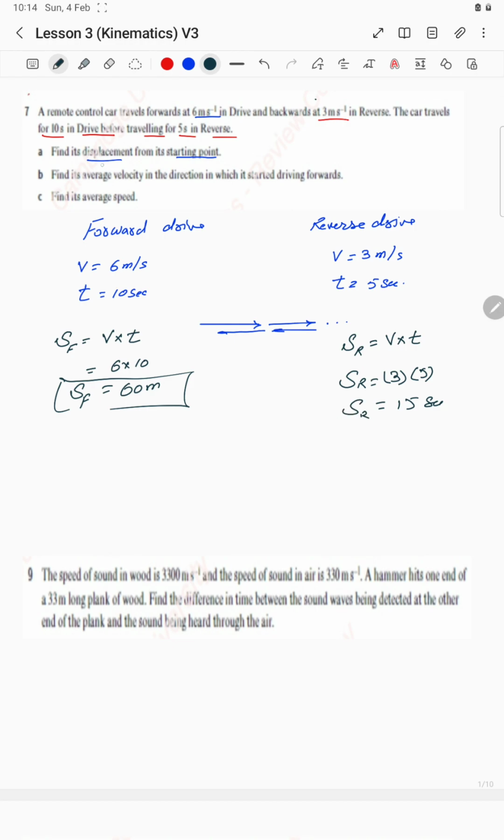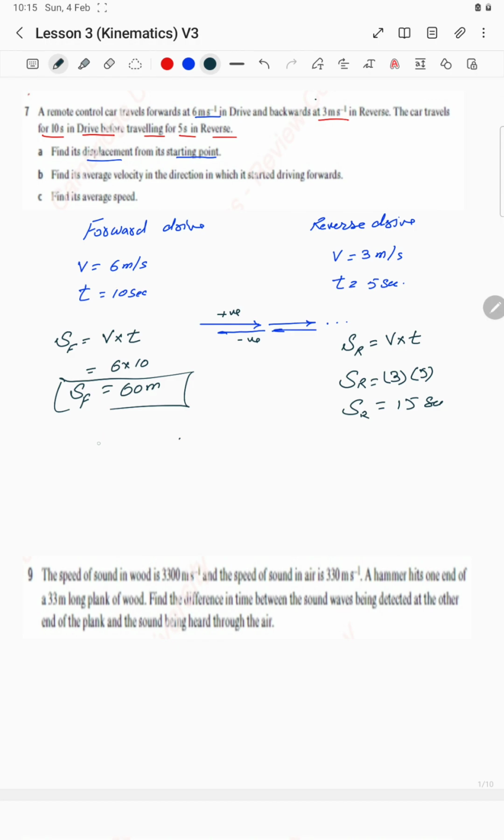So the question is to find the displacement from its starting point. As we know, displacement is a vector quantity, so we can say the forward direction is taken as positive and the reverse direction is taken as negative.